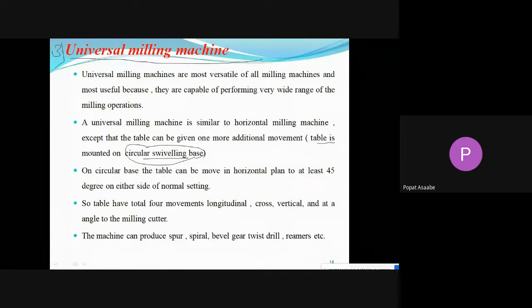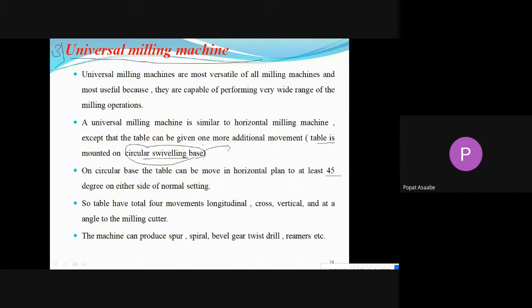Because of that additional element we get another benefit: we can swing the table at 45 degrees. That is another benefit we achieve in the universal milling machine.